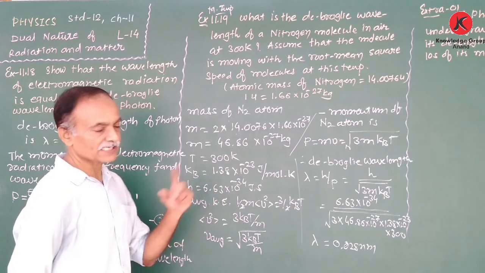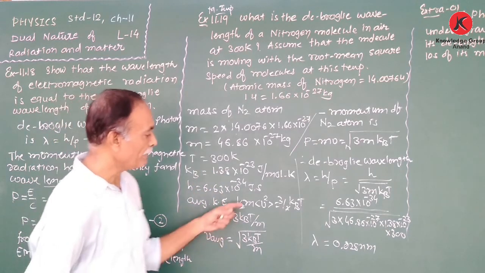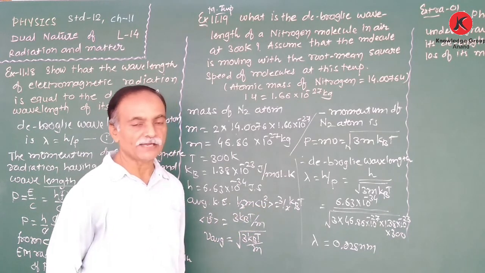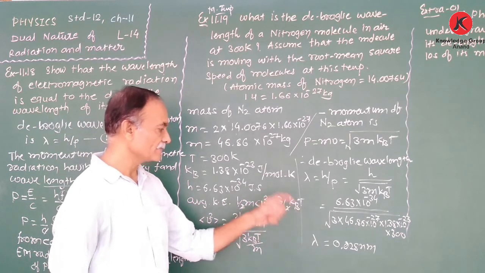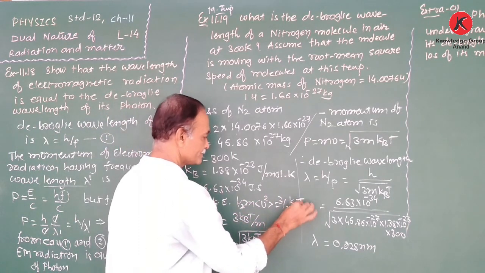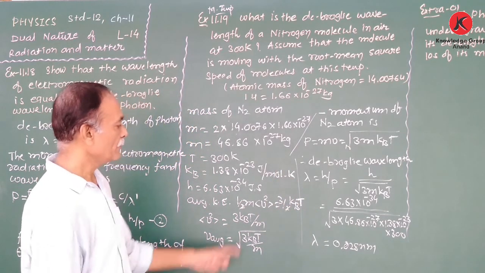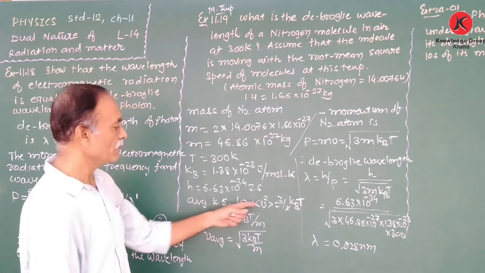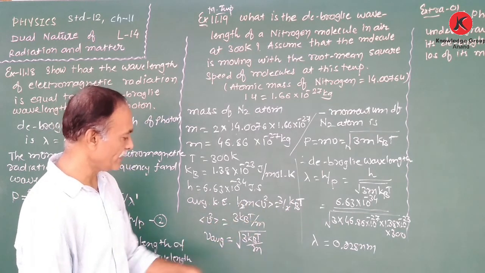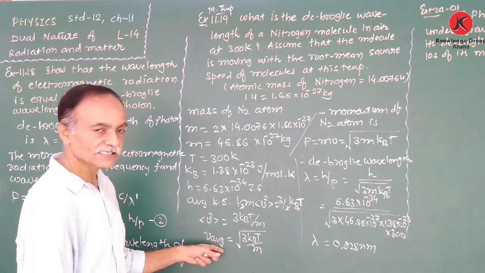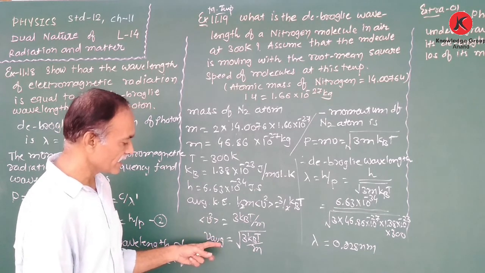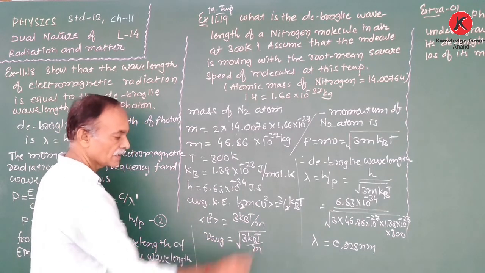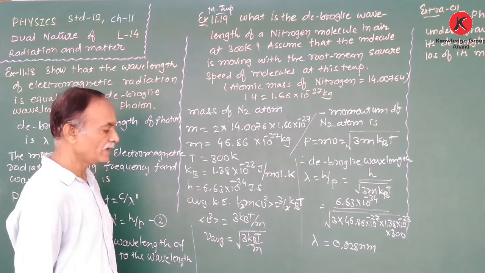Therefore, the average kinetic energy, half m average v squared, is equal to 3 by 2 kB T. The 2 cancels. Therefore, m average v squared is equal to 3 kBT, so v squared is equal to 3 kBT upon m. Therefore, the average speed of the nitrogen molecule is under root of 3 kBT upon m.